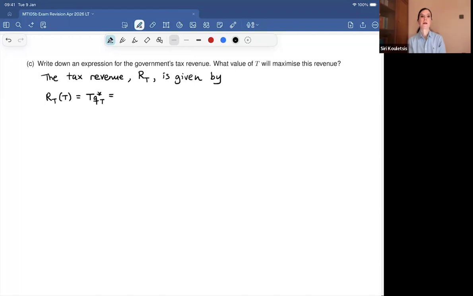And how much does the government get? Well, for the quantity sold here, our equilibrium quantity, we multiply that by T, it gets that per unit.